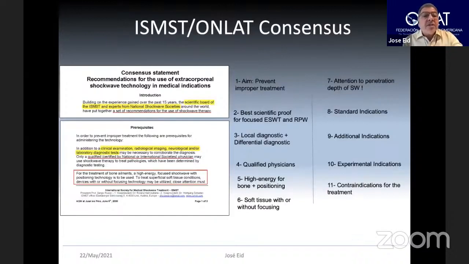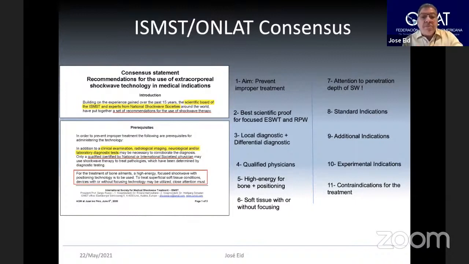Daniel already told us about the consensus statement of our International Society and Latino Ibero-American Federation. This consensus has the aim to prevent improper treatment, always based on the best scientific proof for focus shockwave treatment, ESTT, and radio pressure waves.